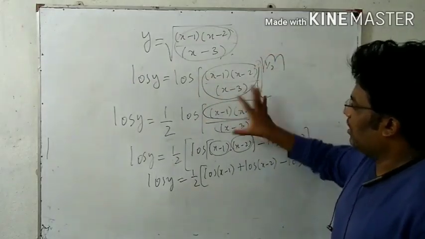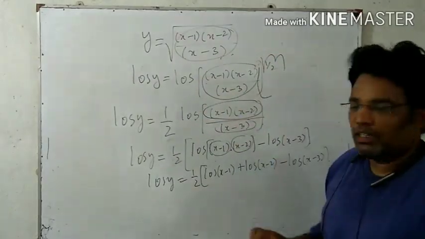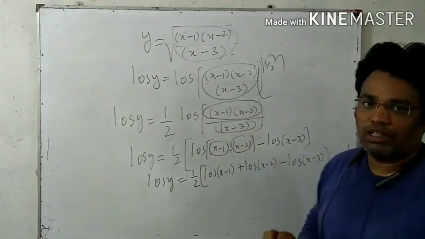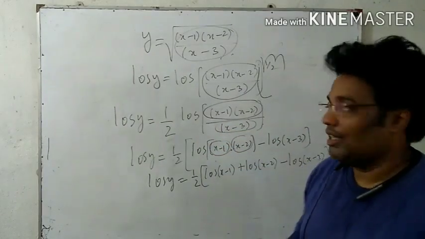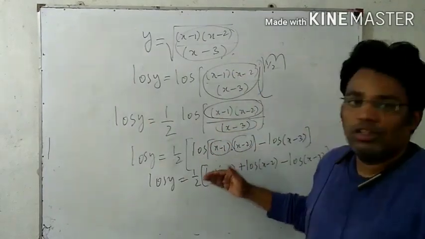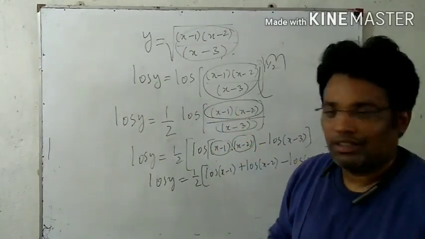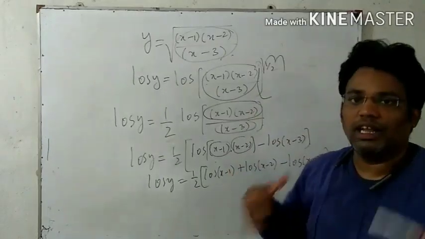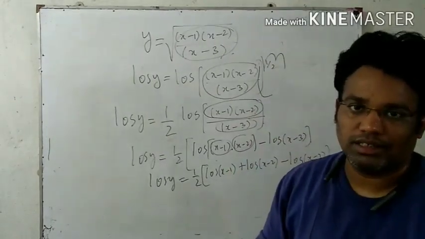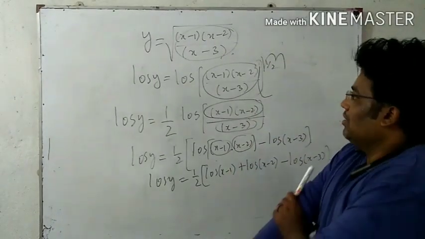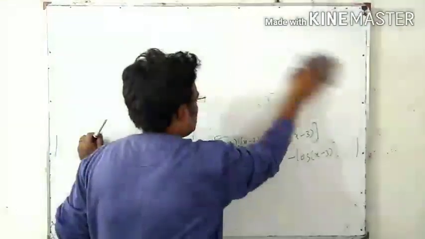I used log a power m, log m by n, and log m into n. The important thing is that I did not use differentiation while simplifying. Simplify completely, then think of differentiation. That's it. Clear? So this is case 1 where we will be using log.